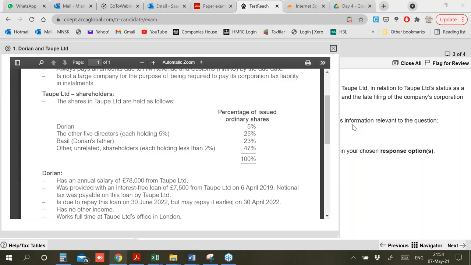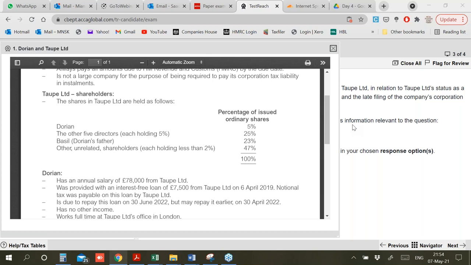So this criteria will not be applicable here. Now, I do not know whether you know that if the 5 largest shareholders control the company, then it can also be regarded as a closed company. So this is another criteria that you should remember.